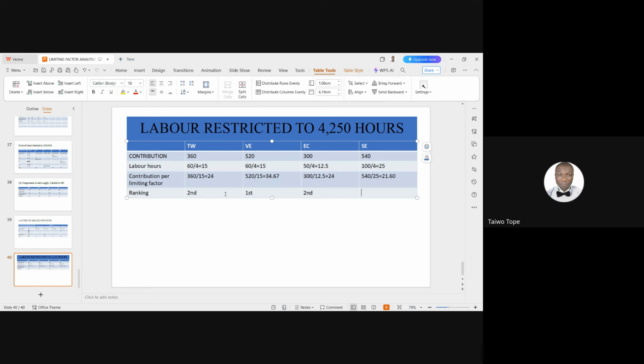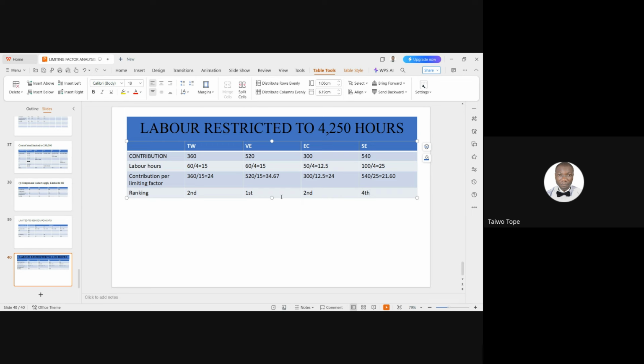Since we have two seconds, we will not have a third. Those of you that are very intelligent, when there is a tie in the class and two students are having second position, it means there will be no third. So that is what is happening here.